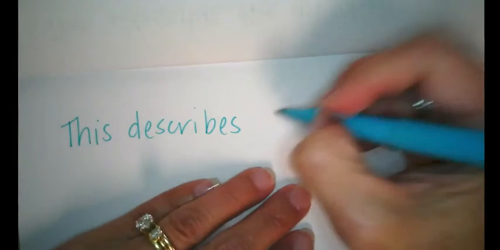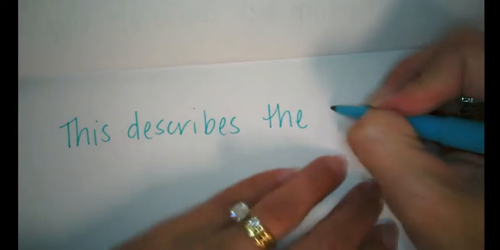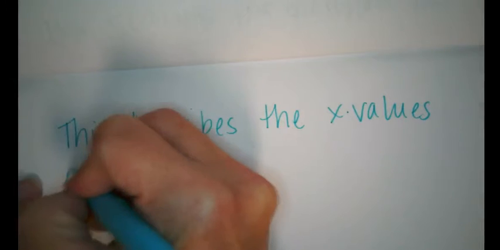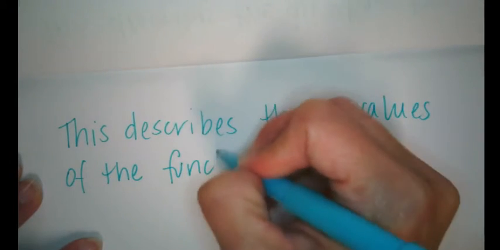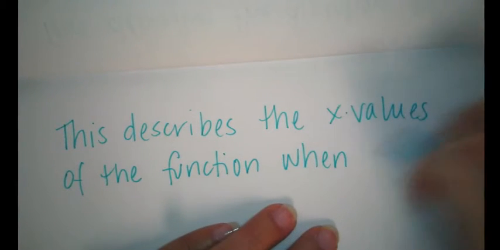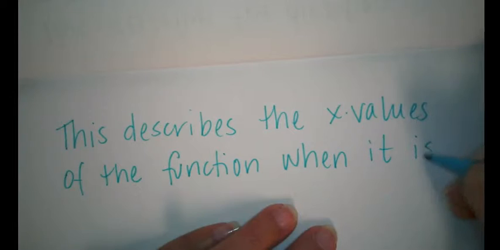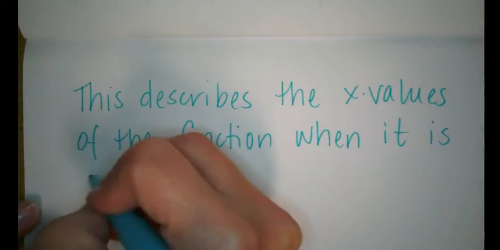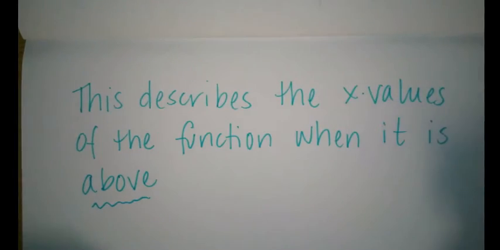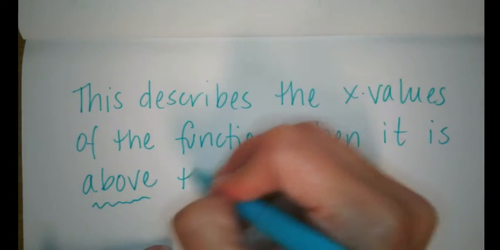So positive describes the x values of the function when it is above, which is why it's positive, the x-axis.